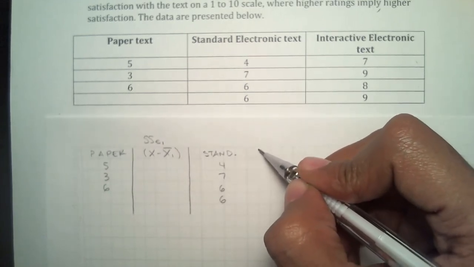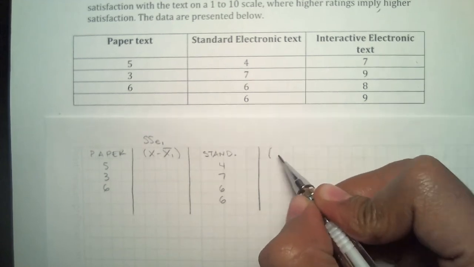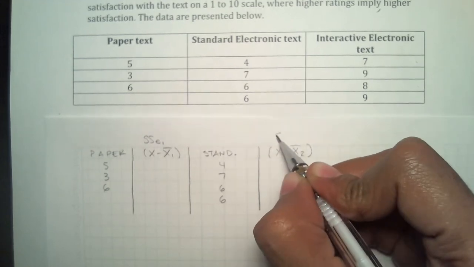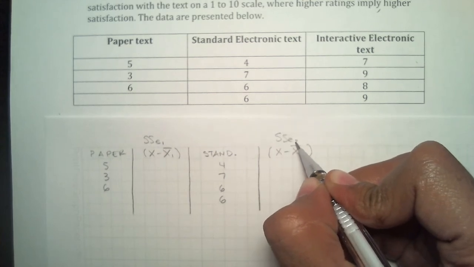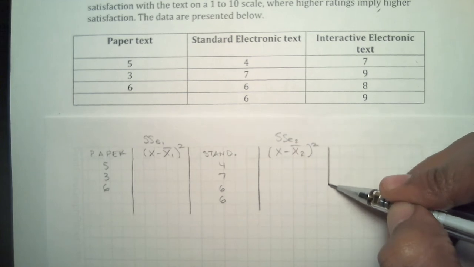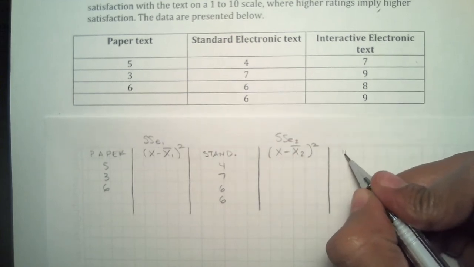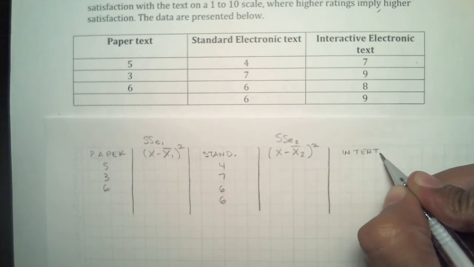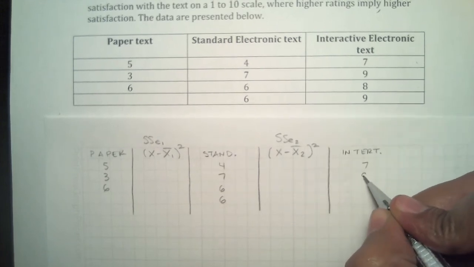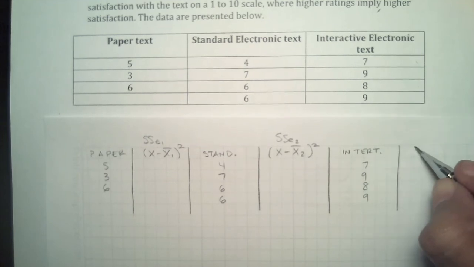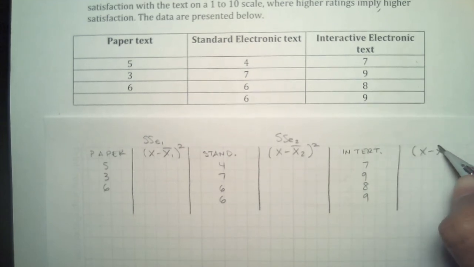Next to it, I will create the SS error for the second group. And I'm forgetting to square it. Then I do the final group, which would be the interactive, and that one will also have the SS error for that group.